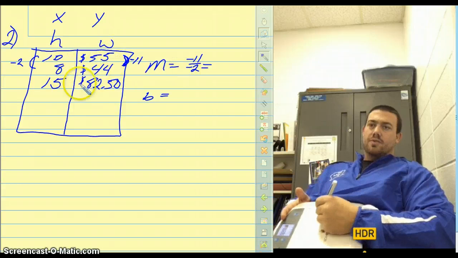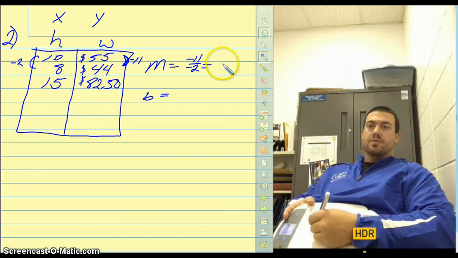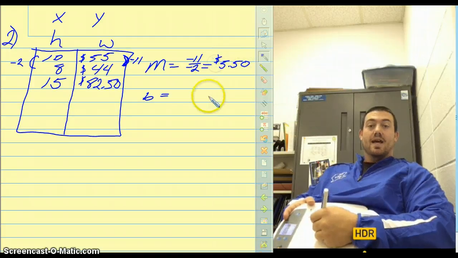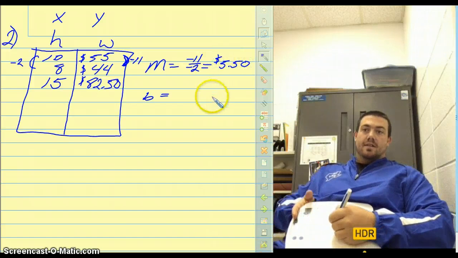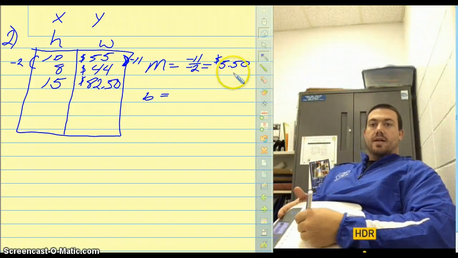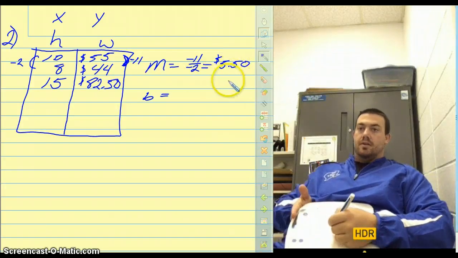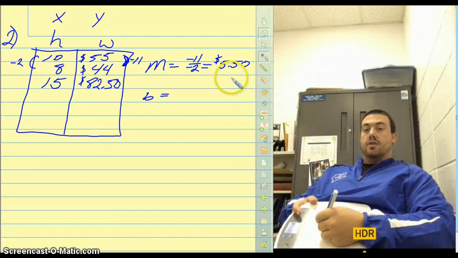Or since I'm dealing with a real life situation, I'm going to need to make that a decimal. 11 over 2 reduces to 5.5, or I could say that's like $5.50 an hour. Well, that's part of my battle. That's my rate. That's my slope.